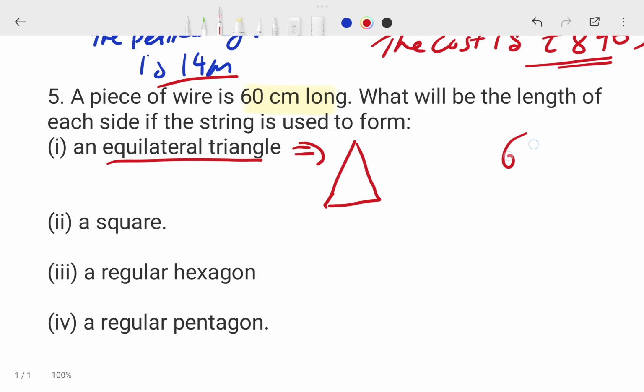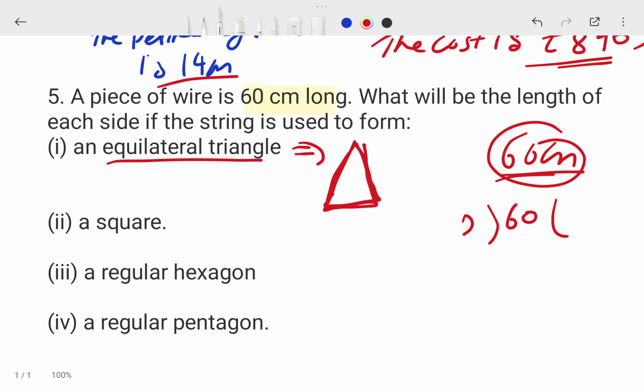So this is a 60 centimeter long wire. How do you divide this 60 centimeter wire so that all sides are equal? How many sides are there here? 1, 2, 3, 3 sides. So divide 60 by 3. 3 twos are 6, and 0 remains.